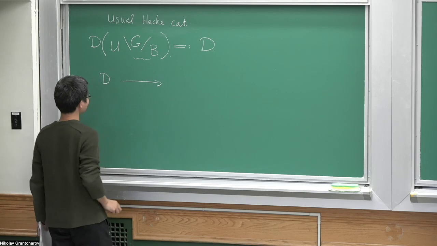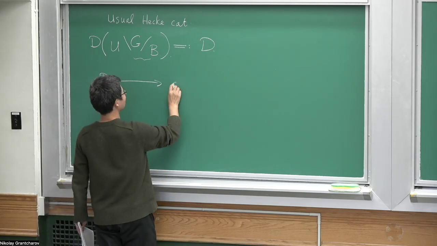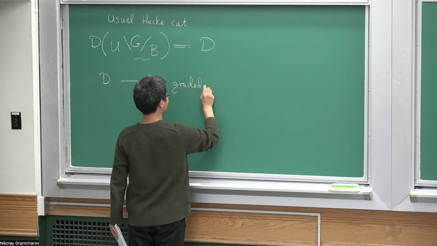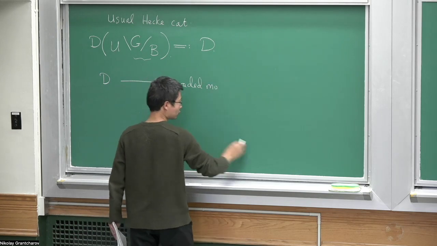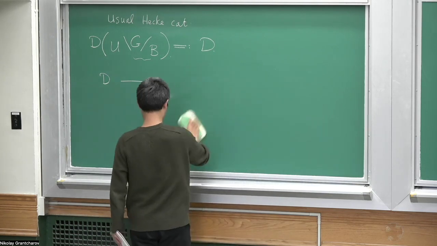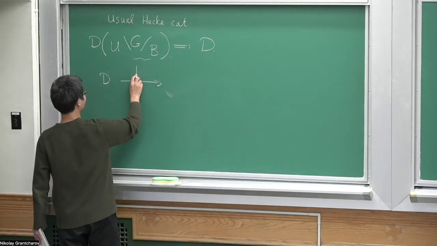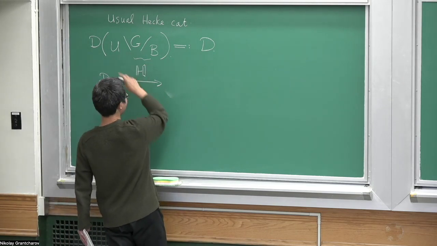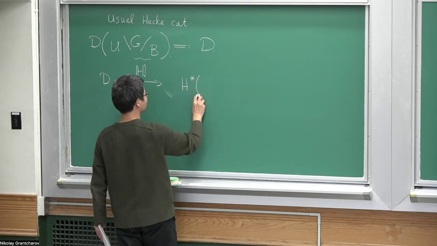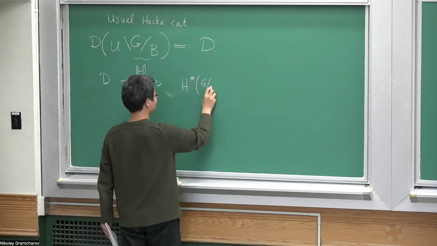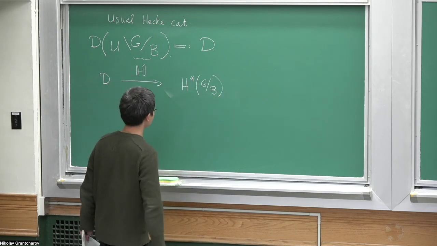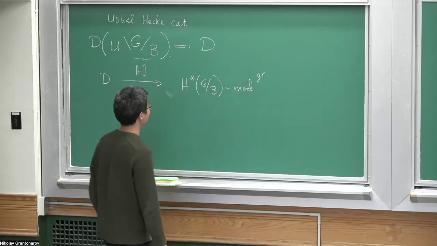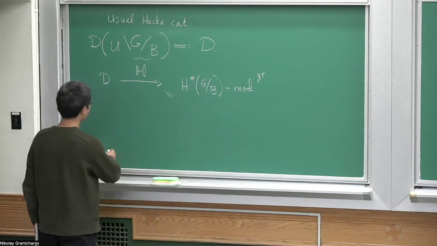It goes to graded modules. For a sheaf, you take its cohomology, and it becomes a module over the cohomology of the underlying space. So graded modules. It's the first kind.